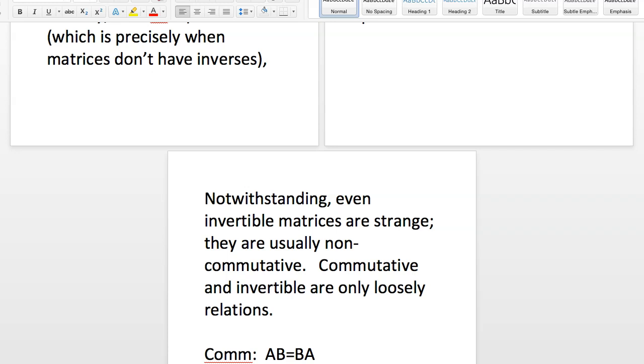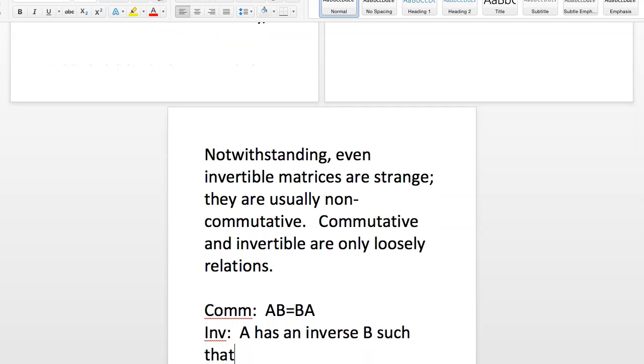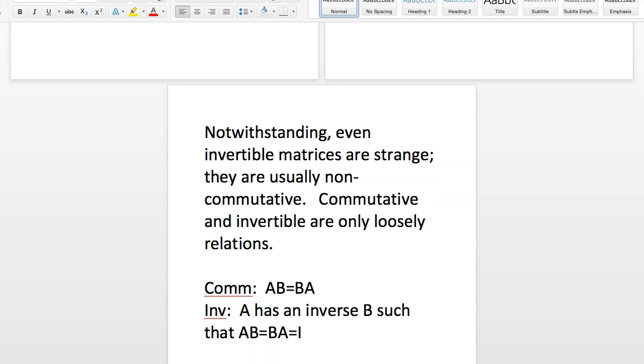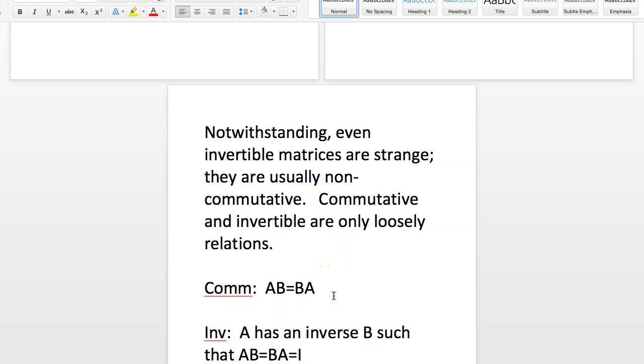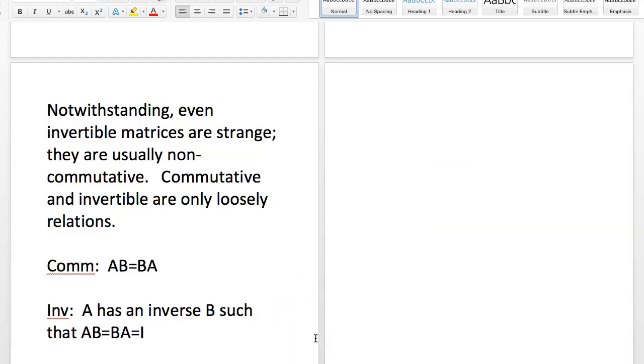It has an inverse B such that AB equals BA, which equals the identity I. So they're not strongly related. Indeed, you can find commutative matrices that are not invertible, and you can find invertible matrices that are not commutative. So really, the relationship is not strong.